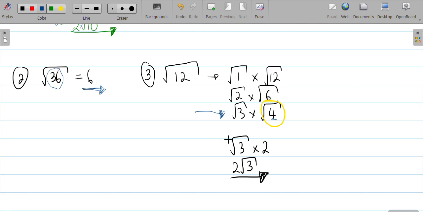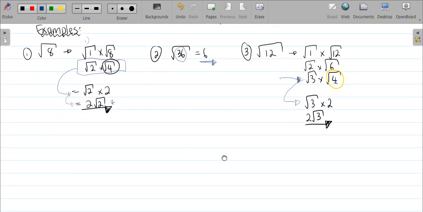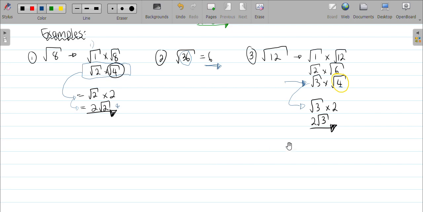So therefore, we'll write it again. So it will become square root of 3, that comes over here, times this simplified becomes 2. So you'll write that in front, so it'll become 2 root 3. And that is it, guys. That is as simple as it gets for simplifying surds and leaving our answers in surd form.